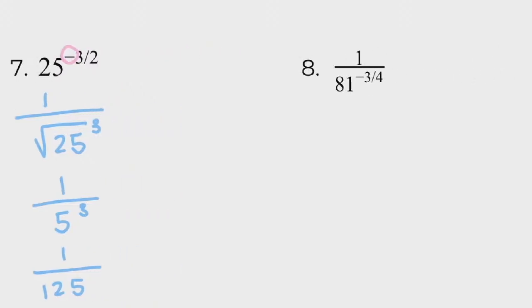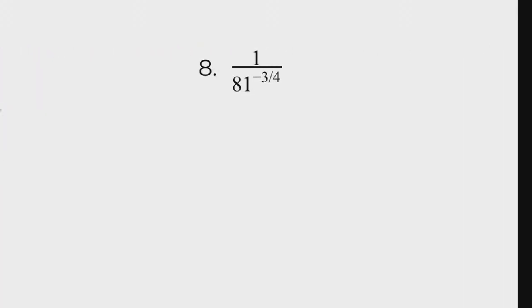And for number 8, we have a negative again. So I'm going to move this up to the numerator. So this would be 81, and then we have 3 as our exponent and 4 as our root. I always do the root part first just to make the number smaller, because if you do 81 to the third power first, you're going to get a really big number, and then figuring out what number times itself 4 times will equal that number is going to be really hard.